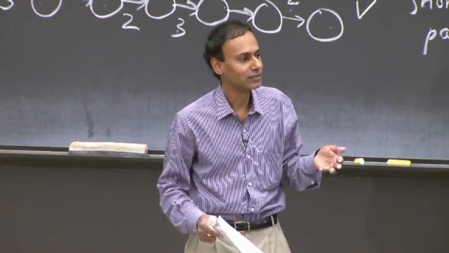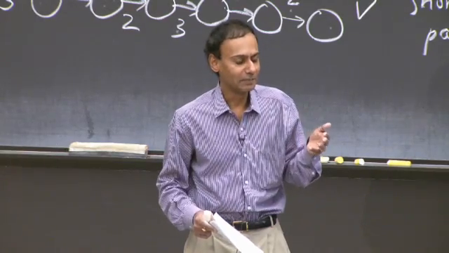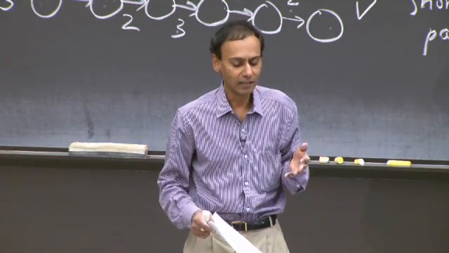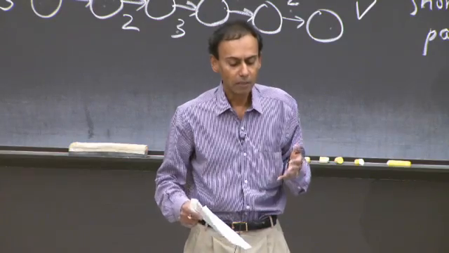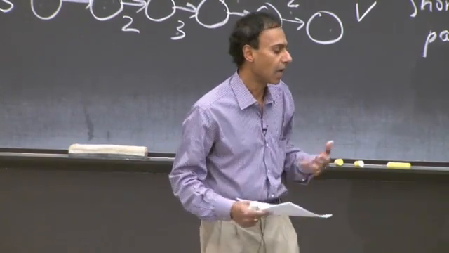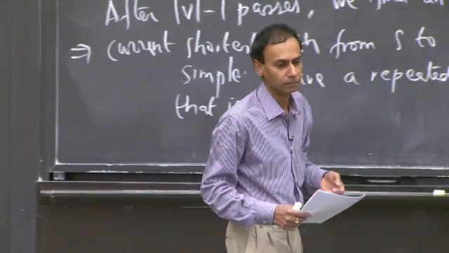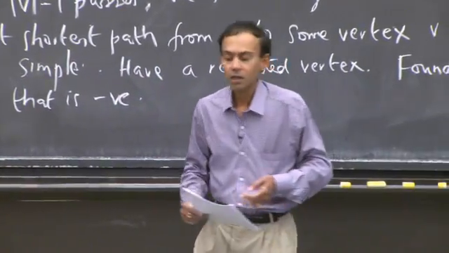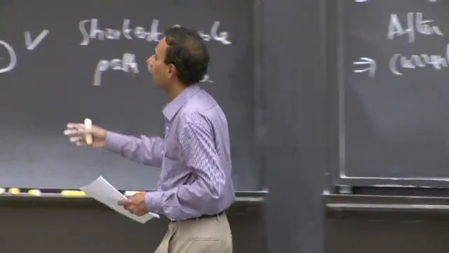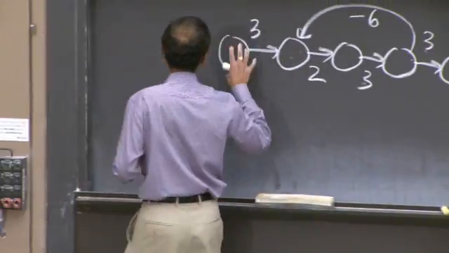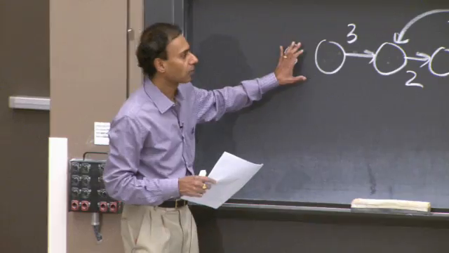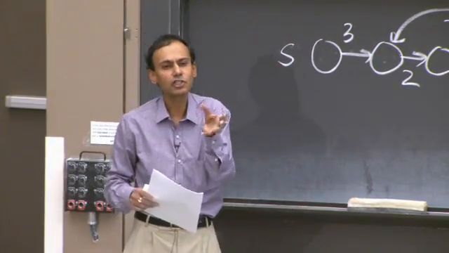That's what NP means. No, it means something else that Eric will explain to you in a month or so. But it means that we don't know any algorithm that is better than exponential time to solve this problem. Amazingly, all you've done is taken the shortest path problem and changed it ever so slightly.